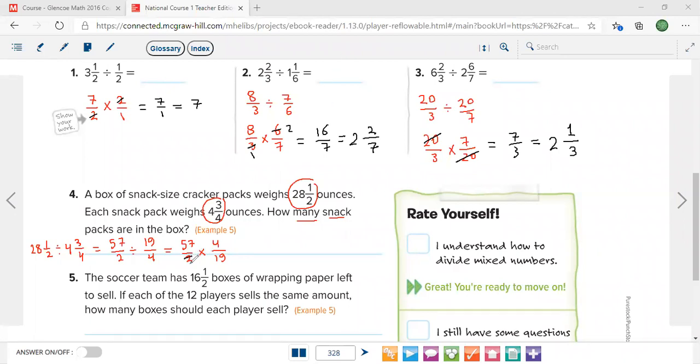Divide by 2 will give you 1, divide by 2 will give you 2, divide by 19 will give you 1, divide by 19 will give you 3. So this is like 3 times 2 is 6 over 1, means 6 snack packs.